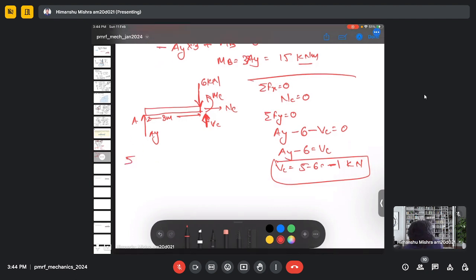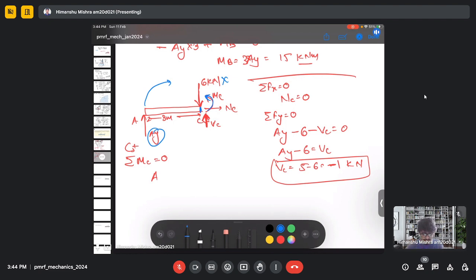And now we will do moment balance at point C. The moment is coming from Ay. It is creating a moment which is clockwise around C, and this moment MC is counterclockwise around C. There will be no movement from this force because it is acting exactly at that point, and therefore there is no normal distance.